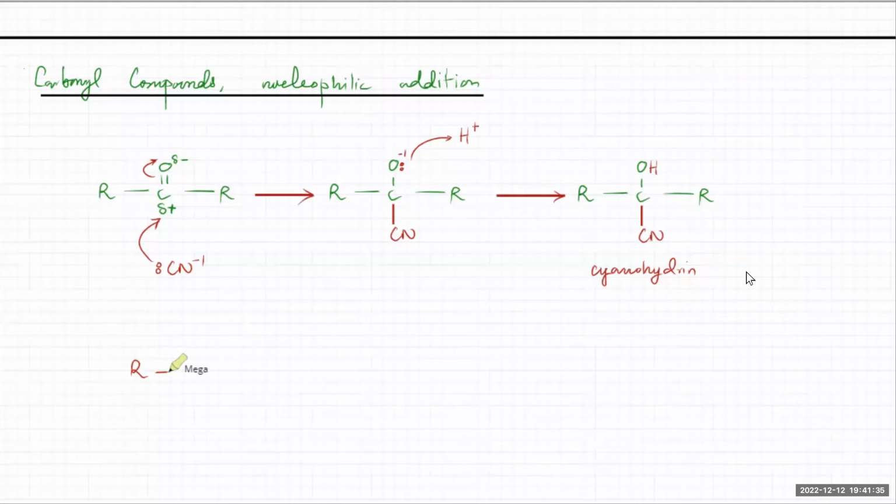You've got R C double bond O and R, and what you do is you add the reagent HCN, and you also need NaCN as a catalyst. And what you get is this thing.